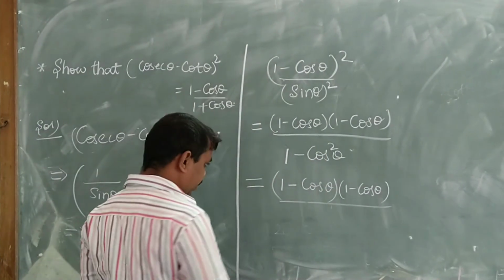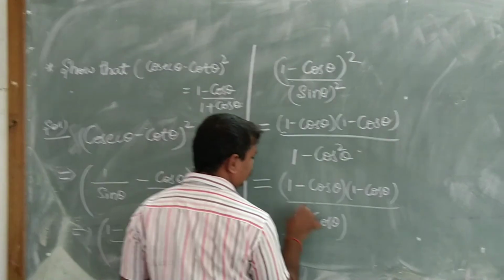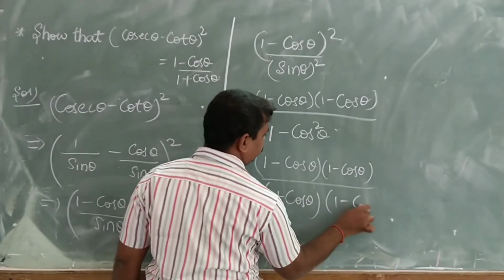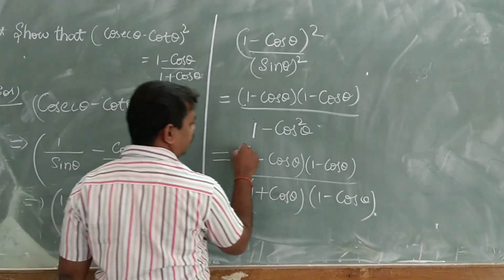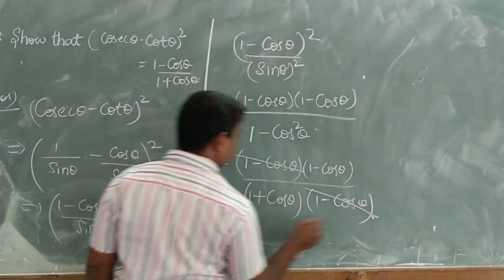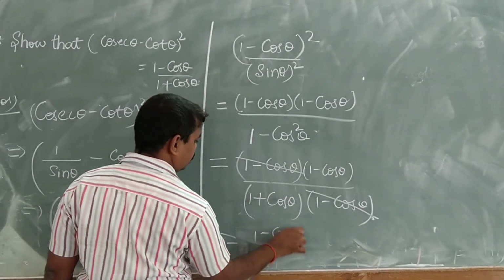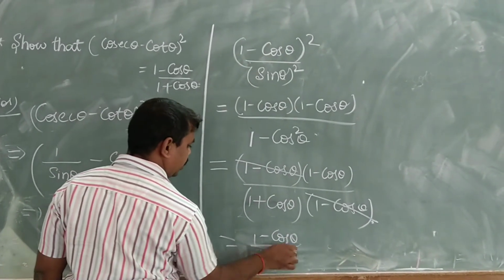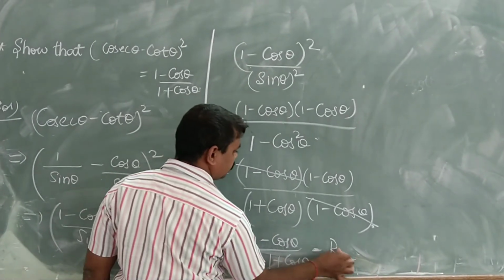That means you can write it in the form of a plus b into a minus b. Here 1 minus cos theta, 1 minus cos theta will get cancelled. We will remain with 1 minus cos theta by 1 plus cos theta, which is equal to our RHS.